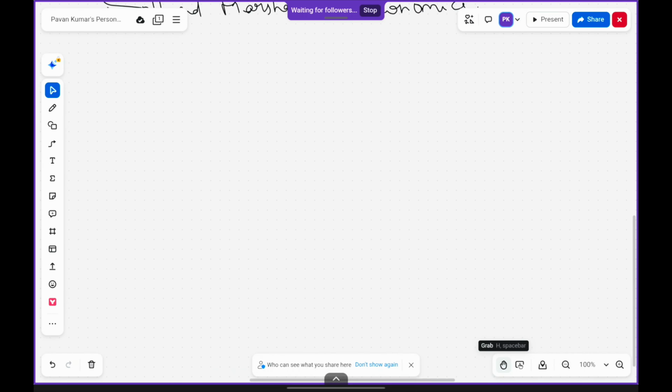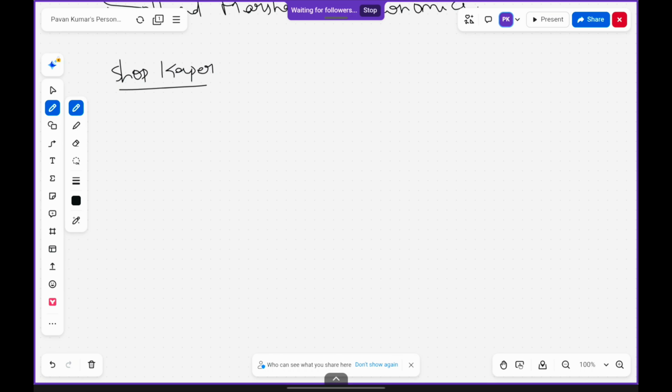I'll be giving you a basic example so that it would be easier to understand. Let's say there is a shopkeeper and there is a customer. Here is a shopkeeper and here is a customer.